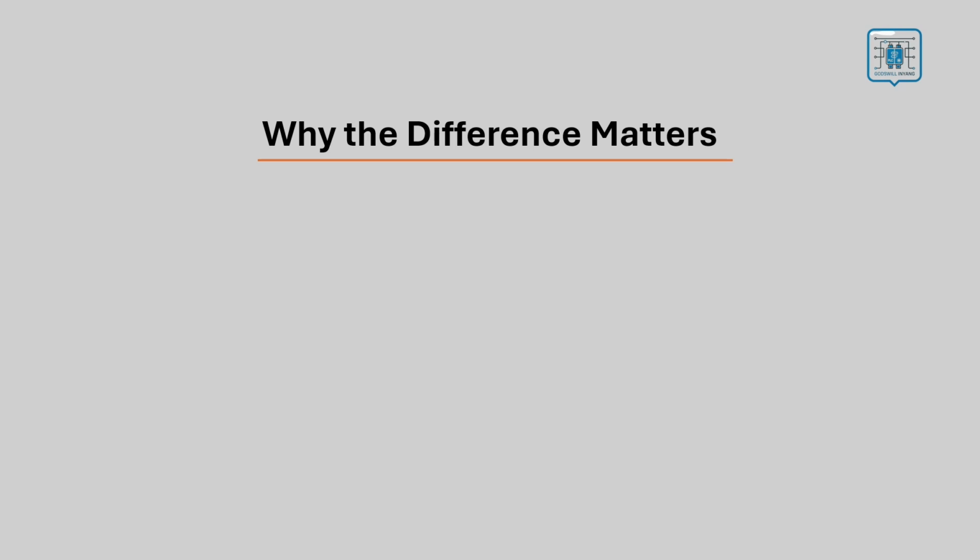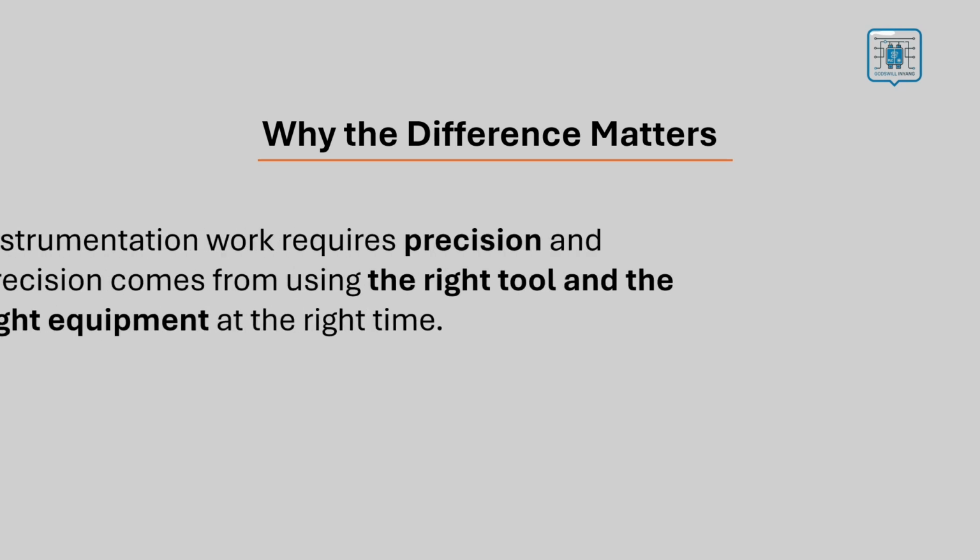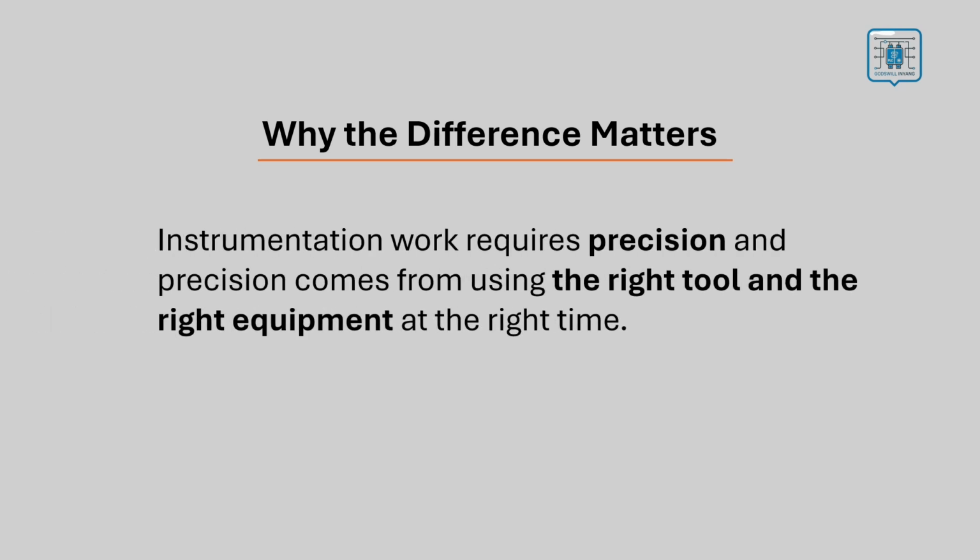Finally, let's discuss why understanding the difference between tools and equipment matters so much. Instrumentation work demands precision, and precision comes from using the right tool and the right equipment at the right time.